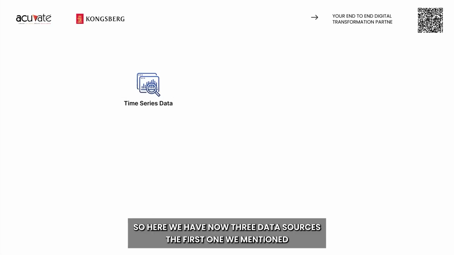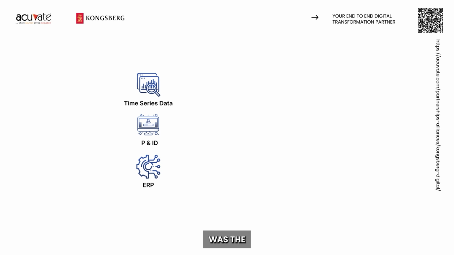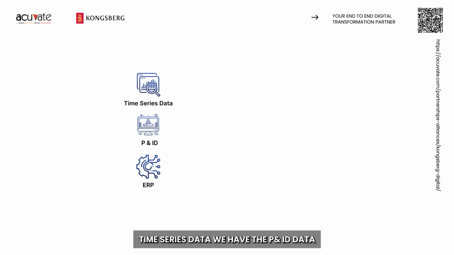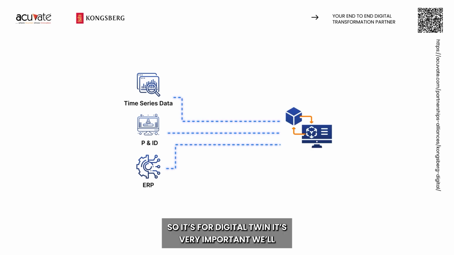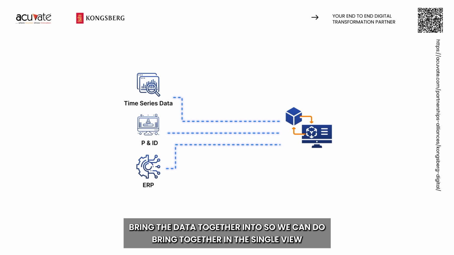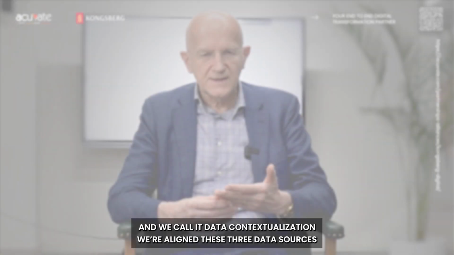So here we now have three data sources: the time series data, the P&ID data, and the data coming from the ERP system. Those three data sources often are not aligned. They all have their own asset naming conventions. So for a digital twin, it's vitally important that we bring that data together in a single view, and we call it data contextualization. We align these three data sources.